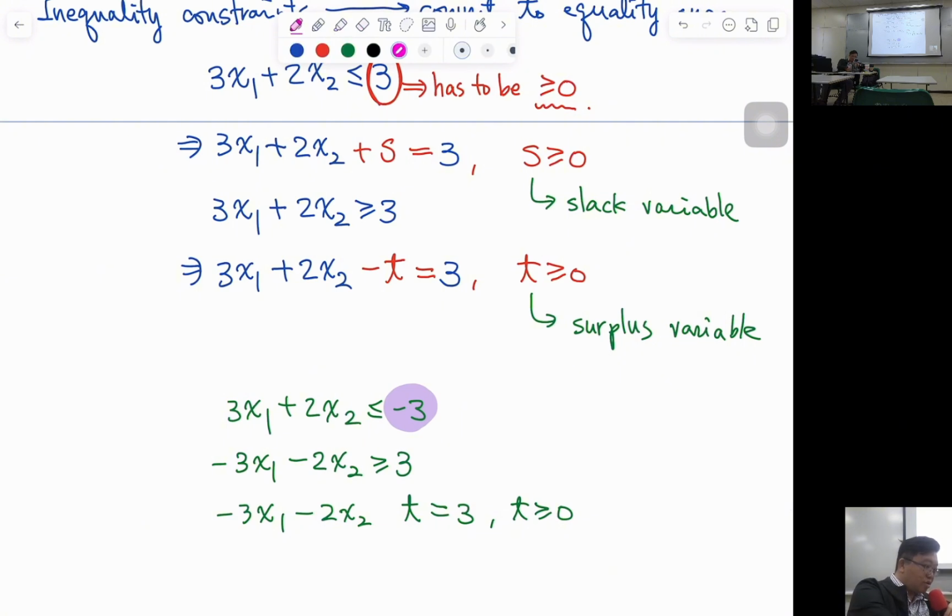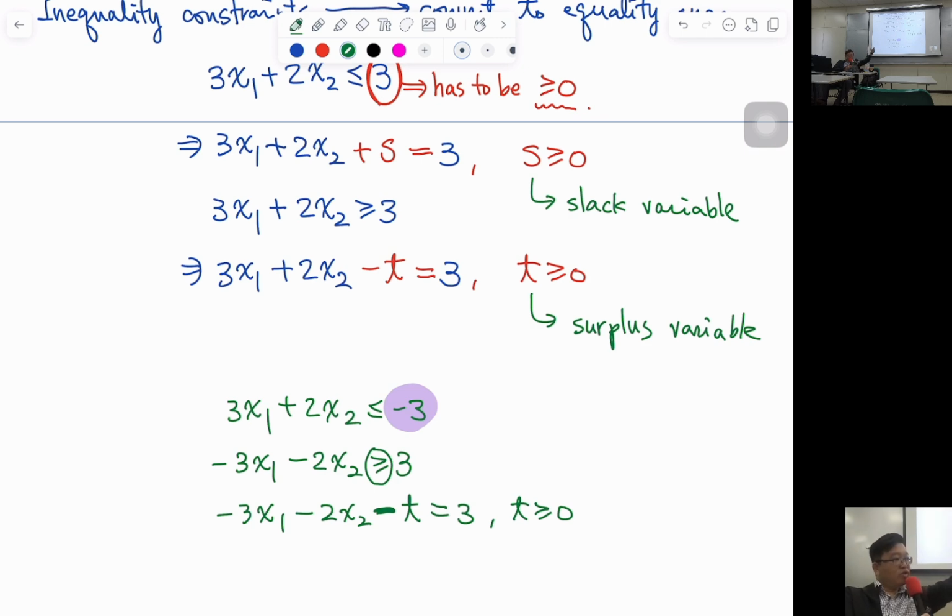Sorry. This is minus. Right? Because here it is larger than or equal to, so I should subtract the surplus variable.